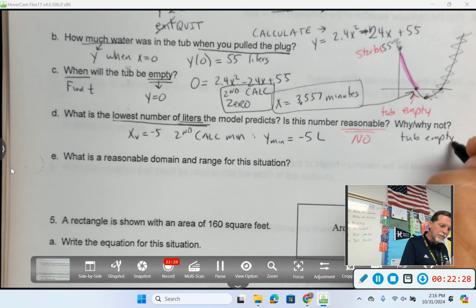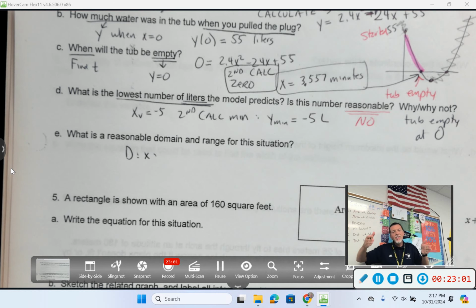Part E. What is a reasonable domain and range for this problem? So I kind of have it highlighted. Naomi? What x values makes sense for this model to actually match the problem that's going on? What x values should we look at for the domain? So 0 is when we start the timer, when we pull the plug.